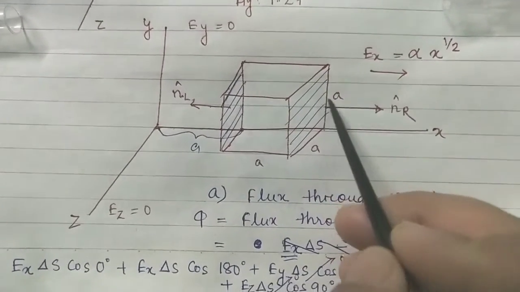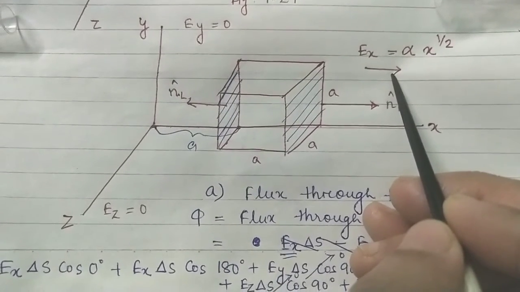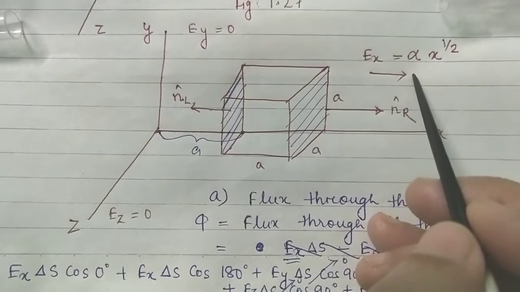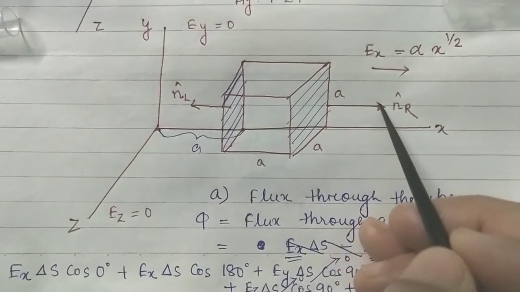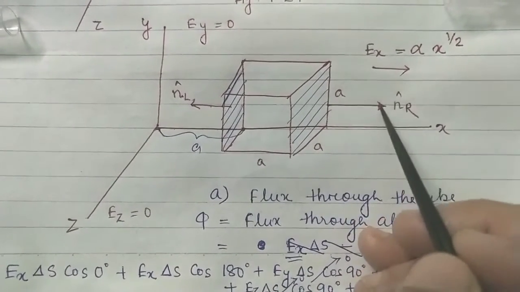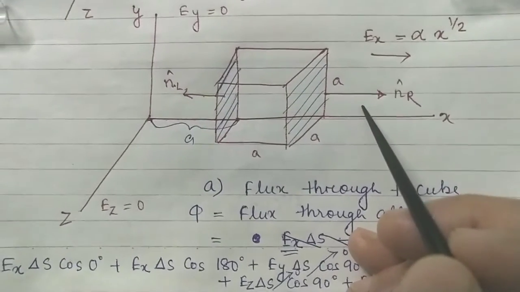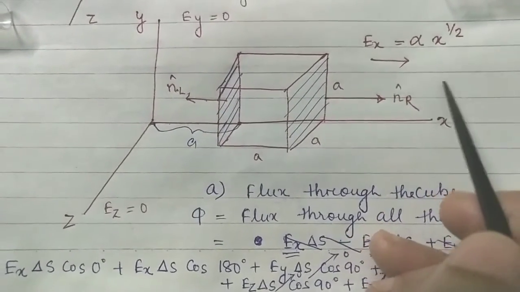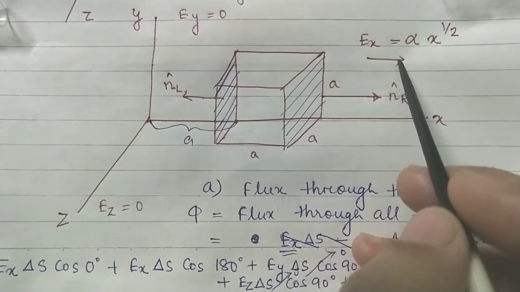For this face the direction of the electric field is towards positive x, that is, we can say i cap, and the area vector is also towards i cap, the same direction. We have already studied the scalar product of two vectors, like i dot j. So with the same direction, the dot product will be 1.